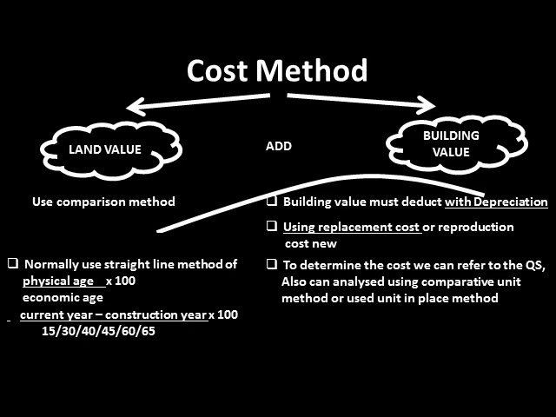Say we get 15 years. That 15 years is divided by the economic age. Economic age, you need to refer to the notes. It is about 15 for temporary buildings, 30 to 45 for heavy duty, and 65 for common buildings. It depends on the type of building.